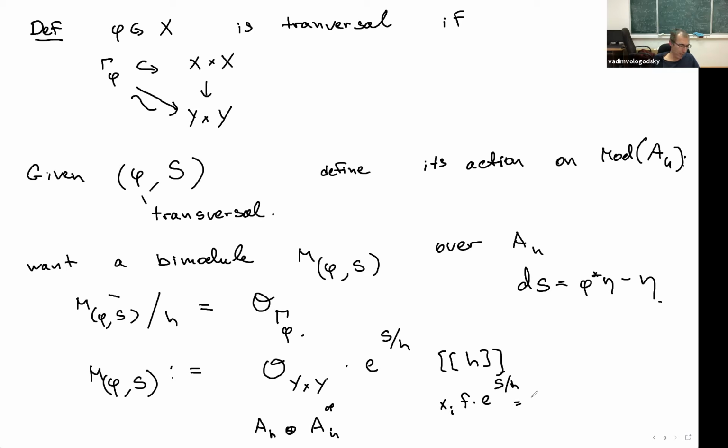So this is by definition h d over dy_i of f plus ds over dy_i times f, and you multiply this by exponential of s over h. This is just a symbol. So you apply the Leibniz rule.